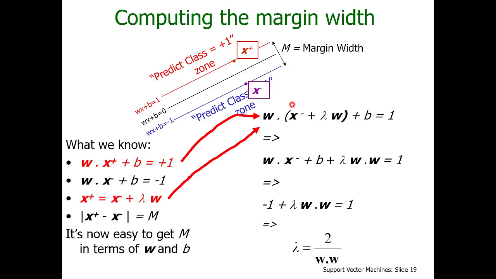So now here we can calculate it. w into x minus plus lambda into w, that I have already told you, how you are getting this equation, and then you are calculating this w, and after calculating this w you are calculating the value of this lambda, and whatever value of lambda you calculate, that is nothing but your margin width. Is it okay?